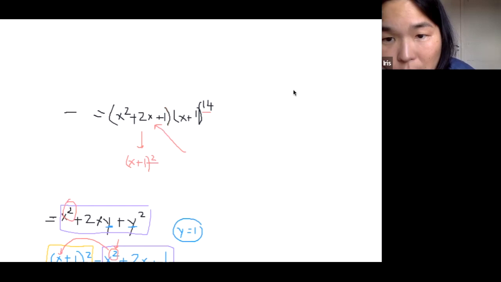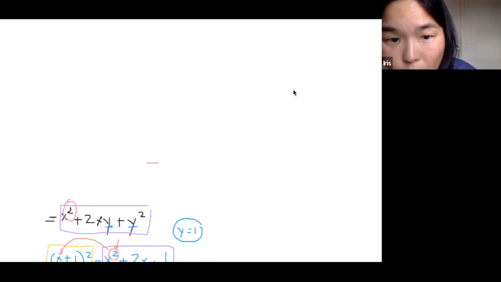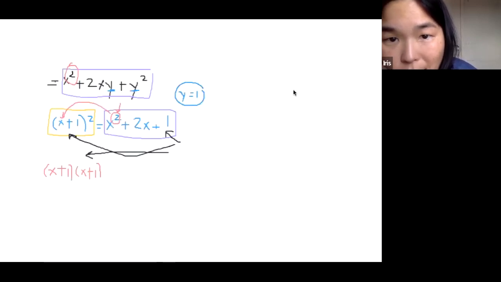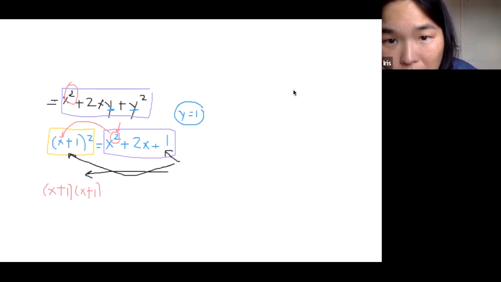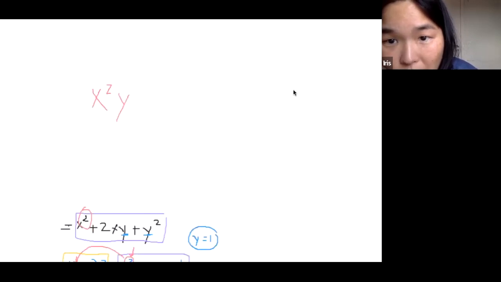I do want to note something though. What I said about similar terms, I was just talking about powers of x, but you need to see the powers of x and y, everybody's powers. So x squared y is different from x times y. I cannot add them together. And these two are also different from x y squared, which are also different from y cubed.